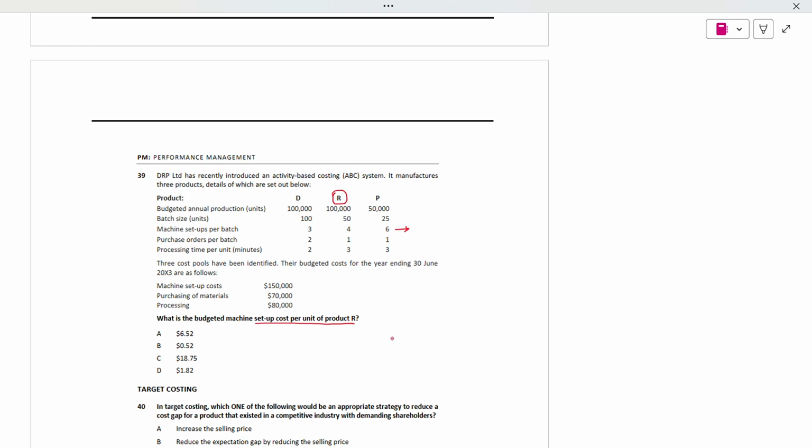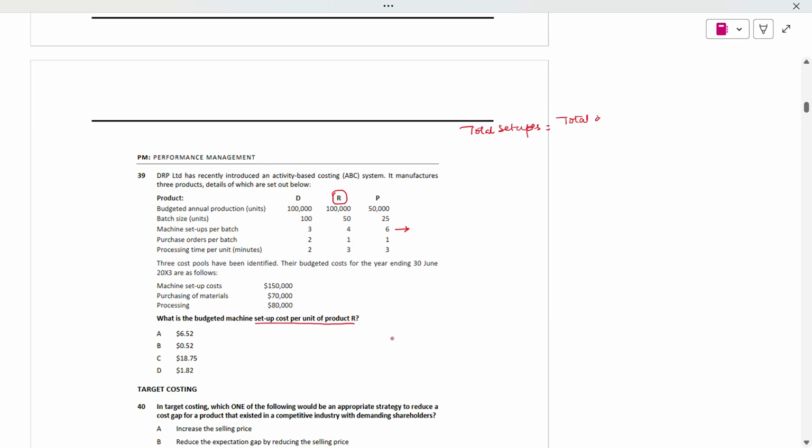First you have to calculate total setups. Total setups will be how much? I am writing the formula.